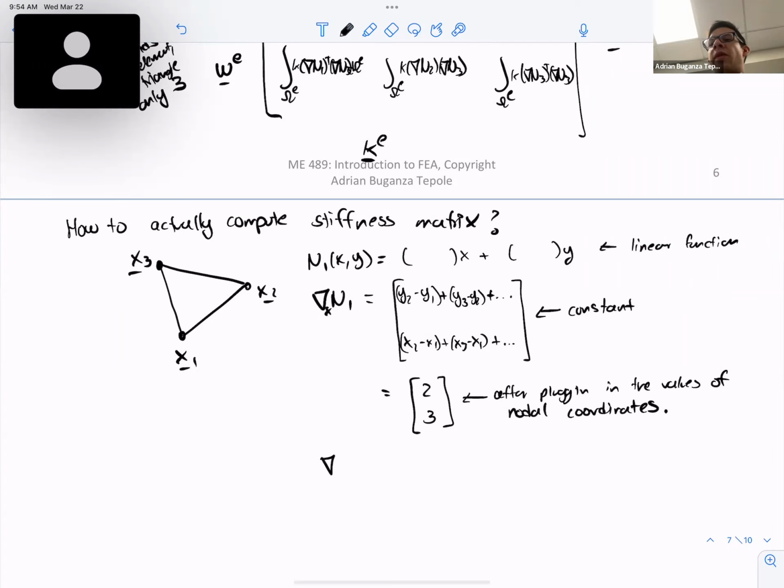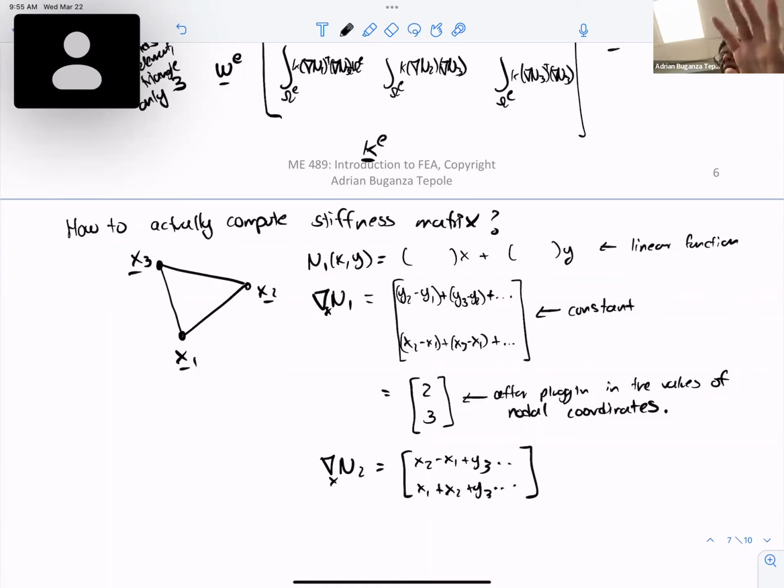Similarly, for the gradient of the second shape function, again, you can start with the definition of the shape function. You can take the derivative and you'll get some expression that will not have X or Y. When you do that, you will no longer have X or Y, you will have only combinations of the, I mean, this is obviously incorrect, but it has combinations of the nodal values.